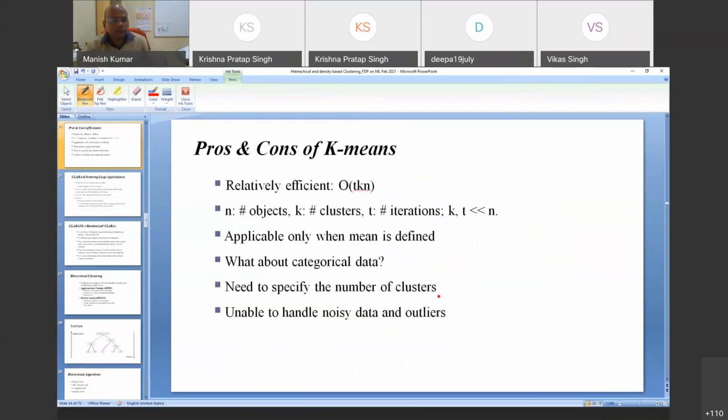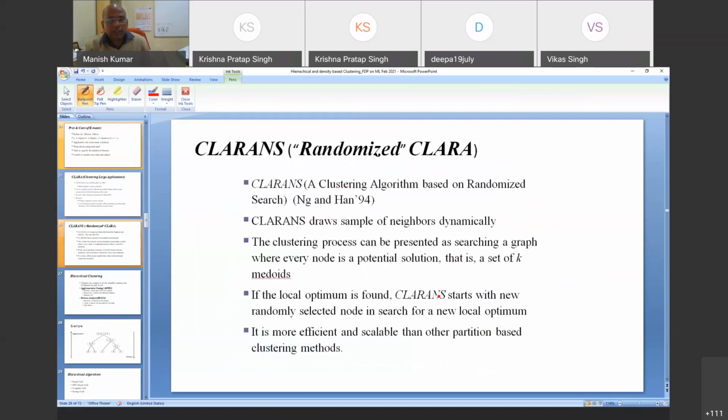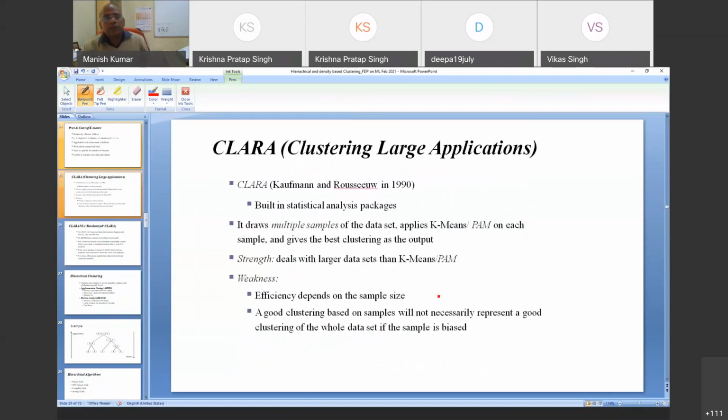Okay, all these pros and cons I have already discussed during k-means. There are some algorithms like CLARA, and another one is CLARANS. CLARA is basically built into statistical analysis packages.